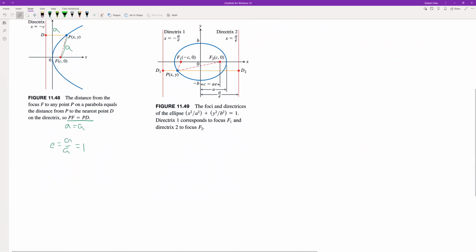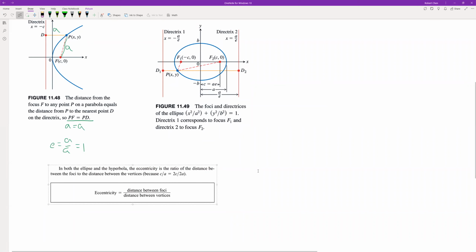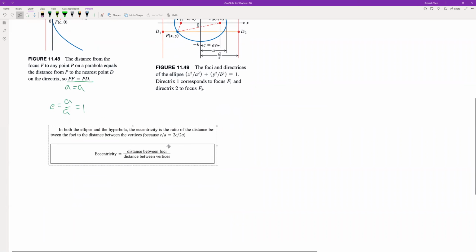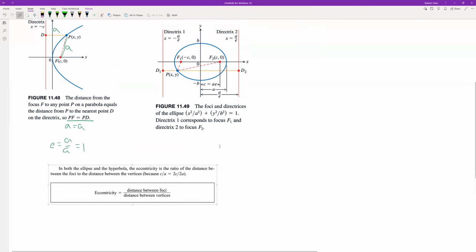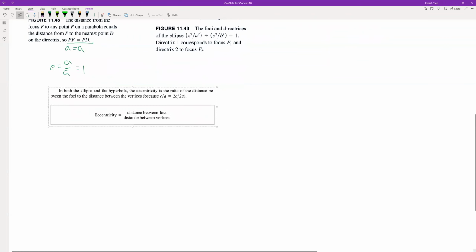The eccentricity of an ellipse and hyperbola is the ratio of the distance between the foci and the distance between the vertices, or c over a, which is 2c over 2a. But we're not going to get into details of these. We will have a summary on how to figure out all the eccentricities for different shapes.